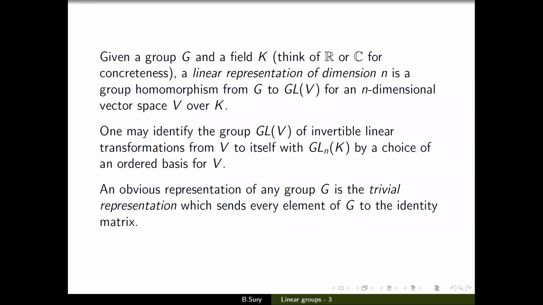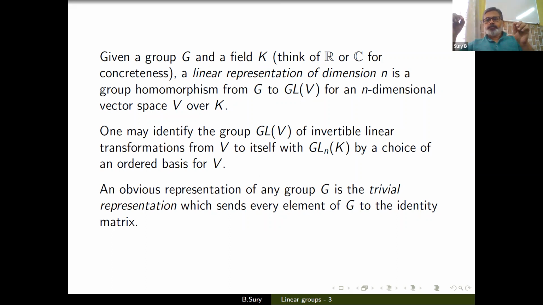Even if you take a big group and a representation of that group, maybe a very non-trivial representation, on a certain subgroup it may be trivial. So it is important to keep track of this trivial representation also.